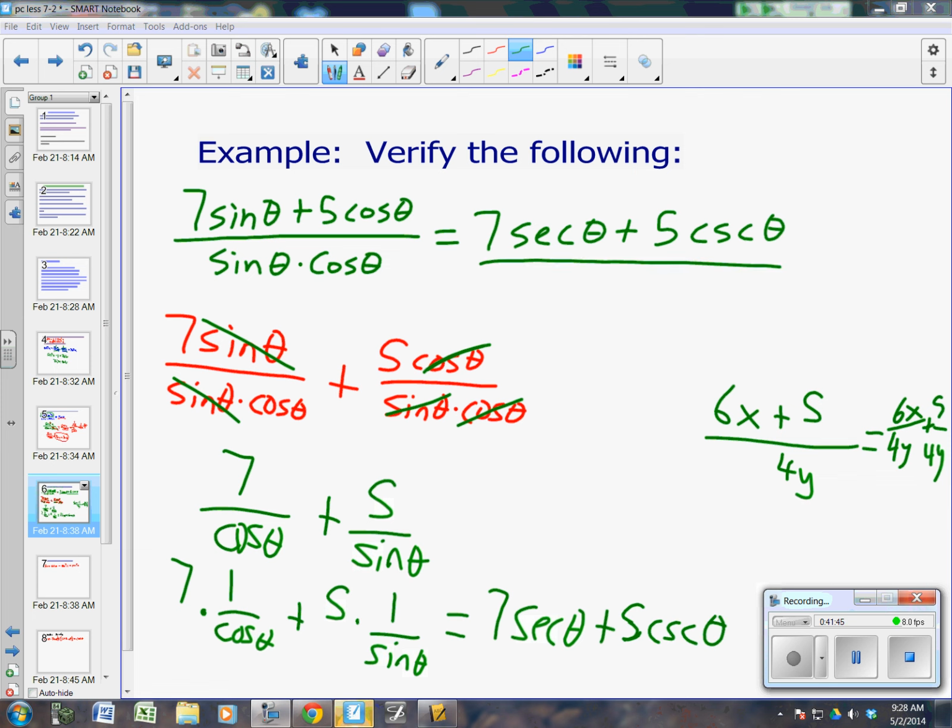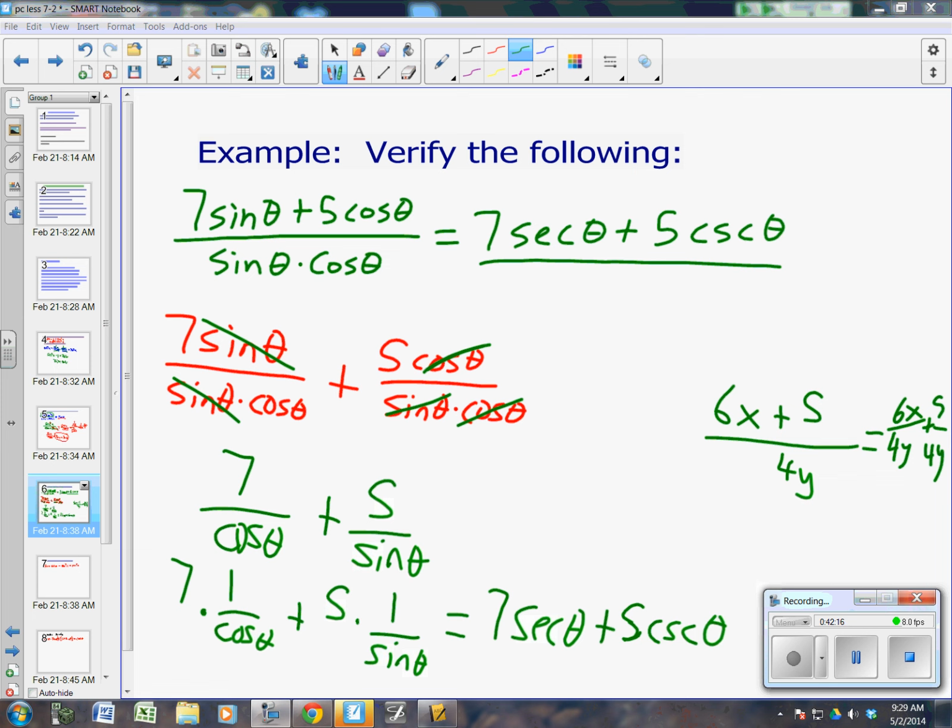Let me ask you. If I multiply 7 times 1 over cosine, I'd get 7 over cosine right up here, right? All I did is separate these two and make it into a multiplication problem, so that you could see this was a 1 over cosine, which is a secant.